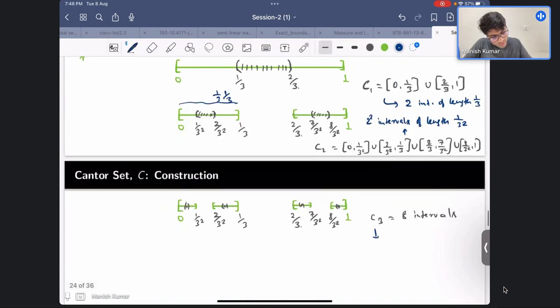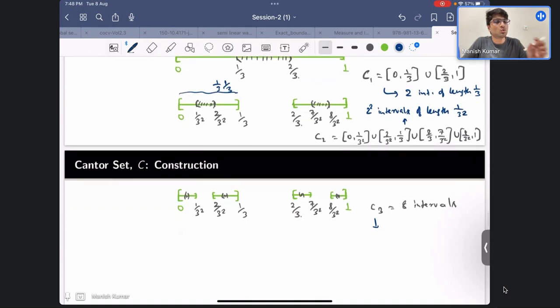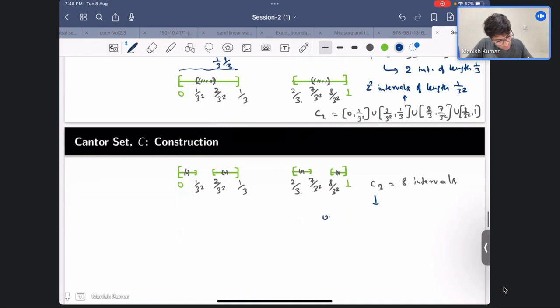So 2 intervals are again partitioned into 2 intervals, so it is 2 squared intervals. Here it is the union of 2 cubed intervals, each of length 1 by 3 cubed, right?